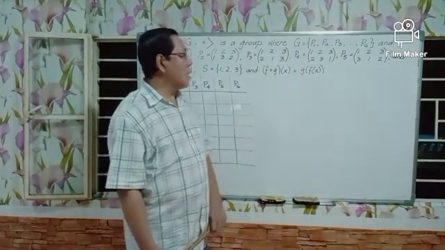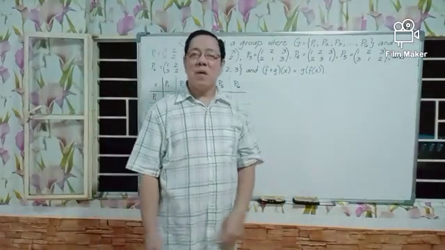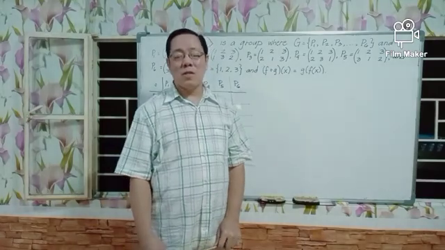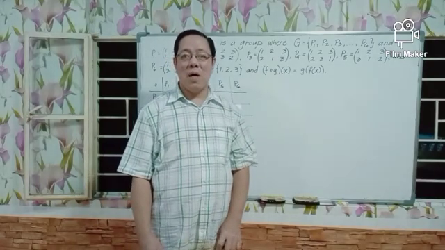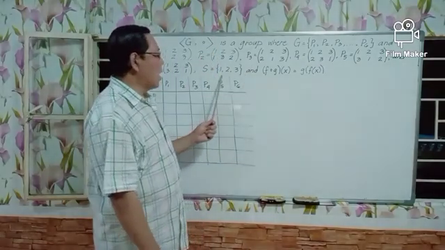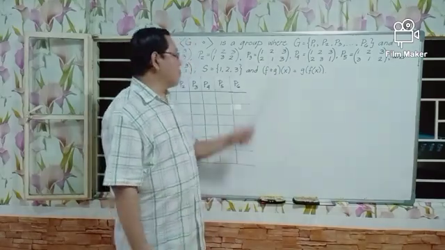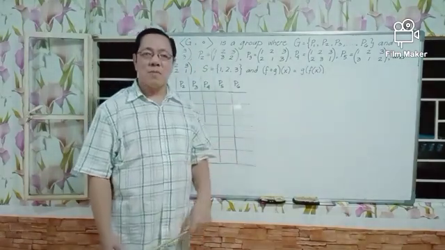Now we will show that this set G consisting of the 6 permutations or 6 functions generated by the 6 permutations of the numbers 1, 2, 3 is a group under the operation composition of function.